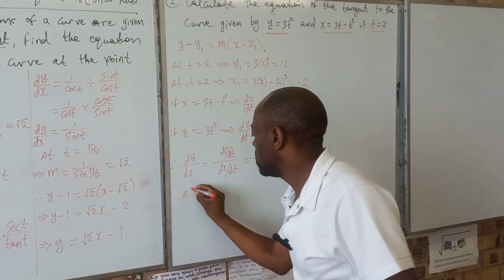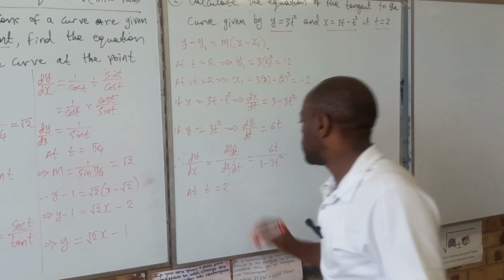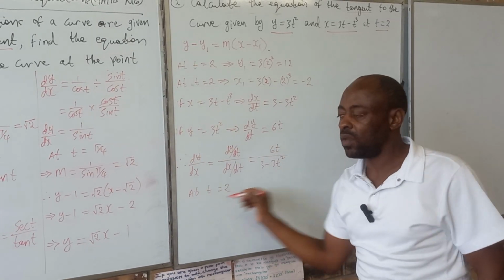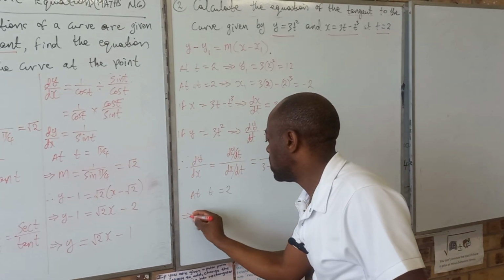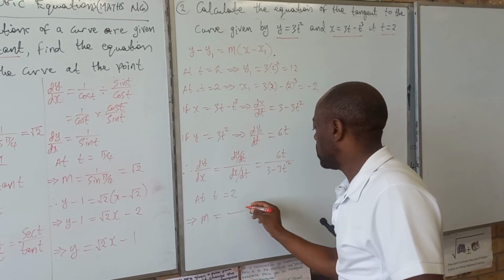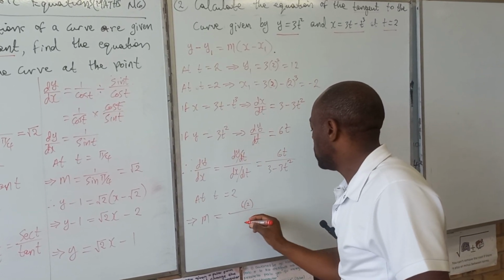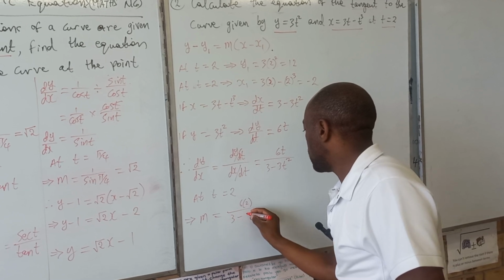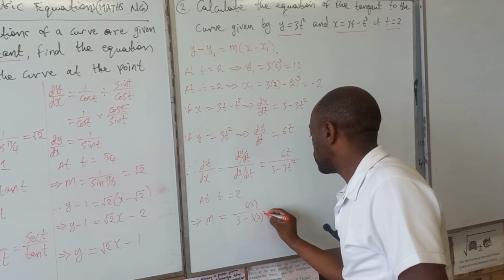Then at t equal to 2, this first derivative will automatically become our gradient. So at 2, I will take 6 into 2 divided by 3 minus 3 into 2 squared.